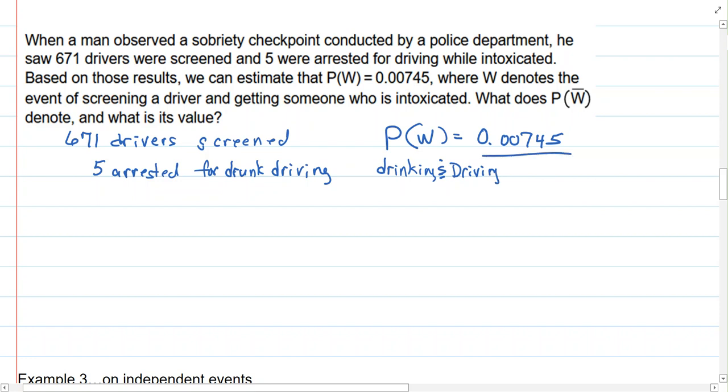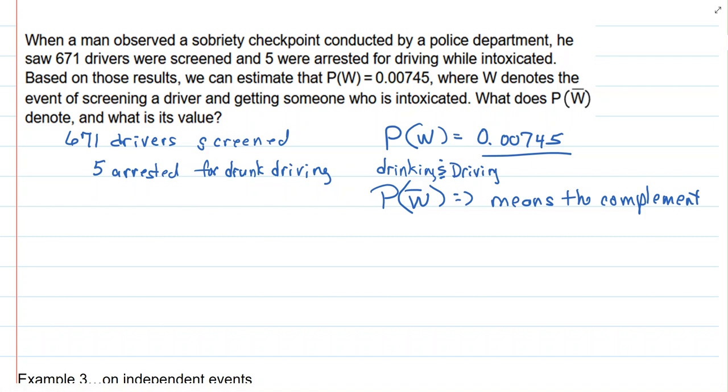Now it says, and getting someone who is intoxicated. What does P of W bar mean? It means the complement of that probability. So this means people who were not driving while intoxicated.